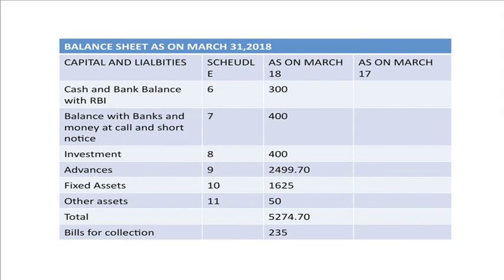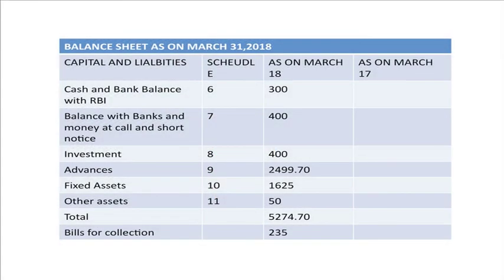5274.70. Bills for collection would be reflected as a note to the balance sheet for 235, and since there is no contingent liability, schedule 12 we have kept without giving any information, as there is no information being given. So, this is the way the balance sheet and P&L are prepared in the vertical format for any banking company.